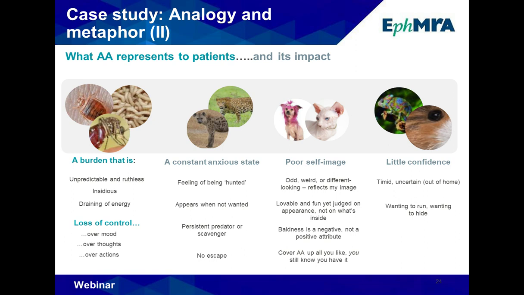Poor self-esteem with this poor little puppy here, and little confidence with these animals that shy away, are timid, and try to run away and want to hide all the time. So very nice and rich output here.